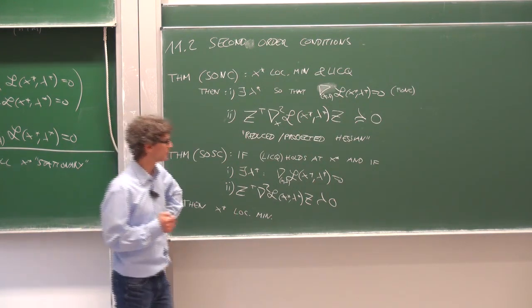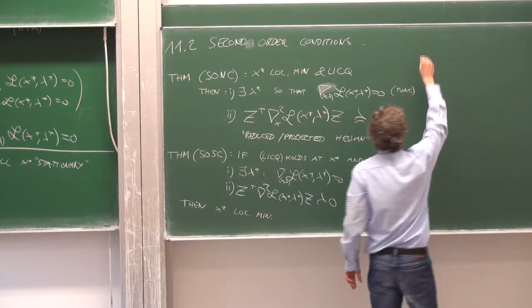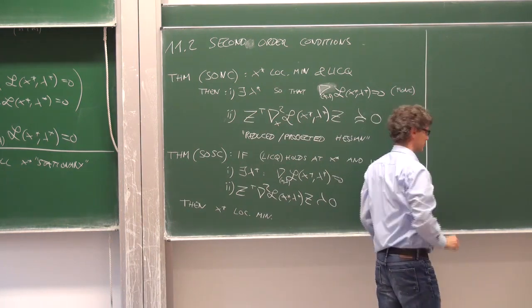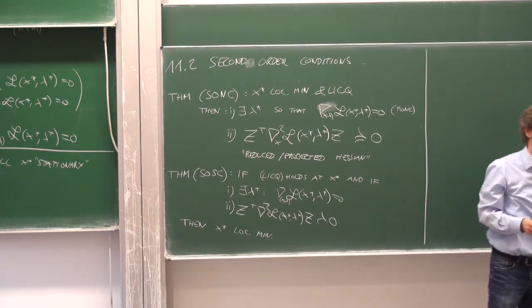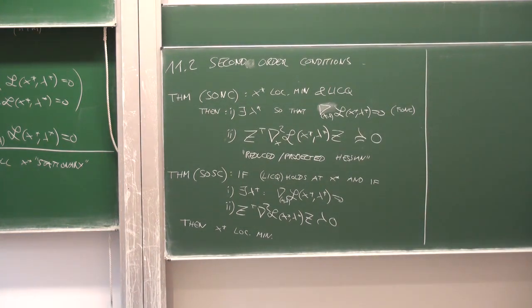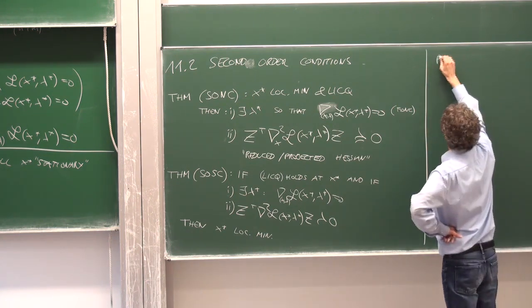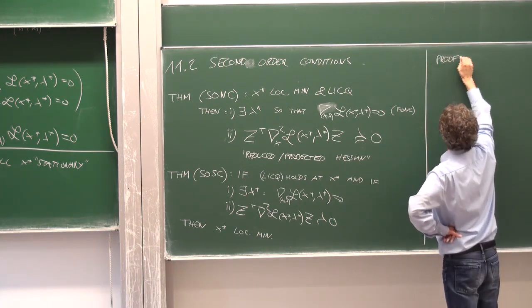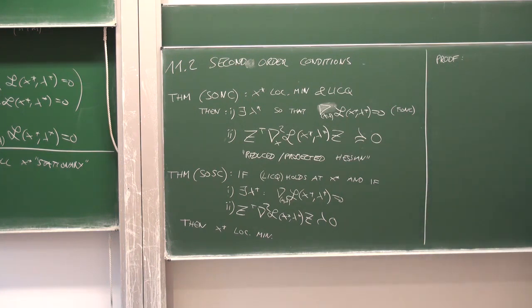And so there I want to go through a proof, and this is not so difficult once we have introduced the Lagrangian. And here the whole power of Lagrangian optimality conditions comes into play. So I will prove these things.